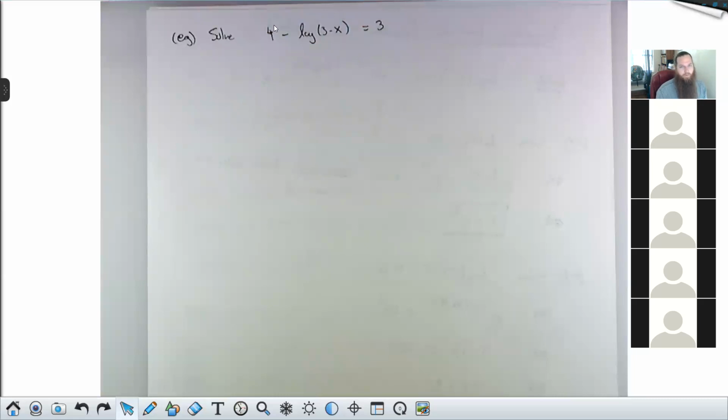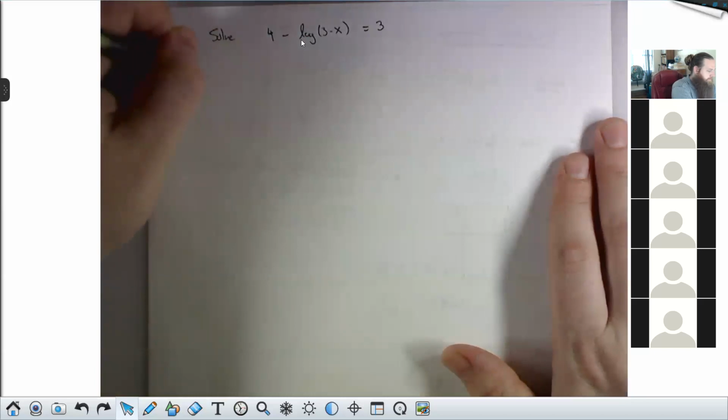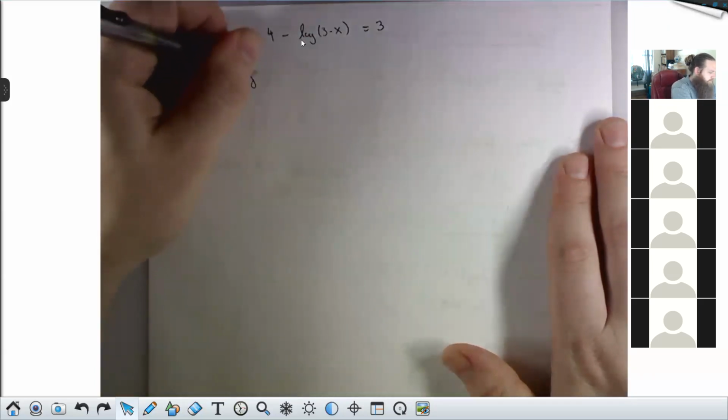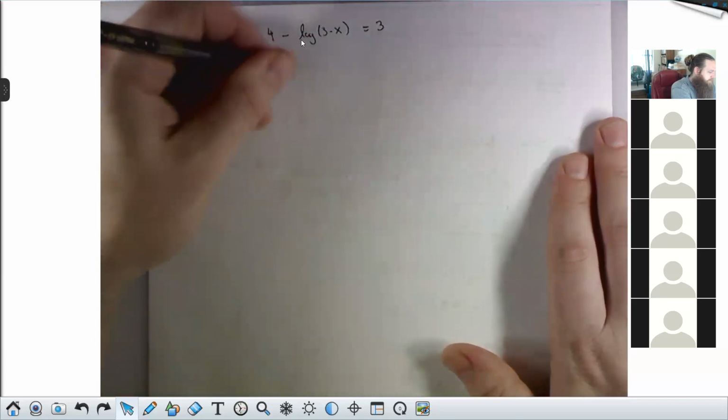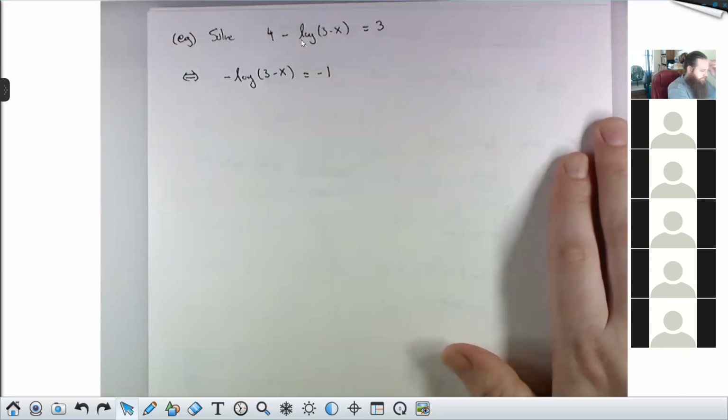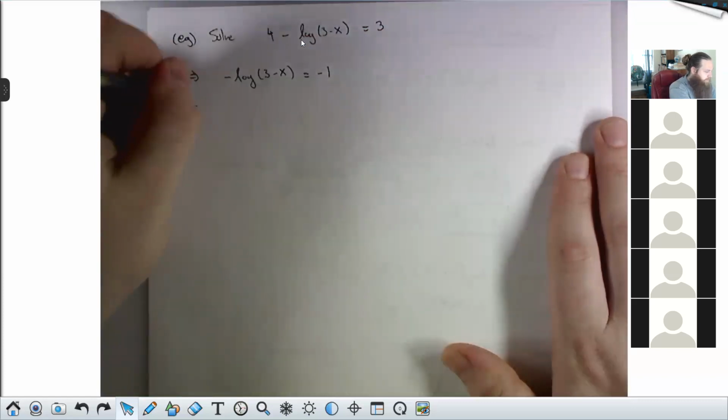So here, I need to first isolate the log, then exponentiate. To isolate the log, I'm going to subtract this 4, and then I'll divide over by a negative. Subtracting the 4, I get negative log of 3 minus x equals 3 minus 4, which is negative 1. And then I'll divide both sides by that negative.